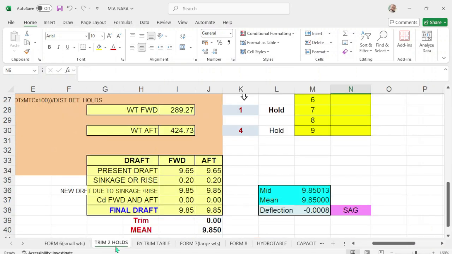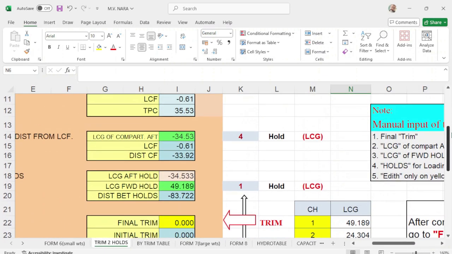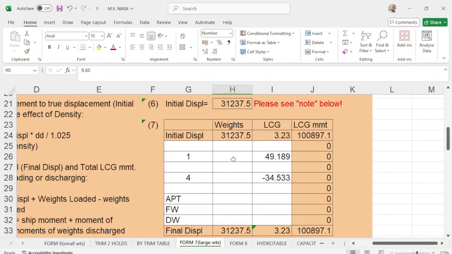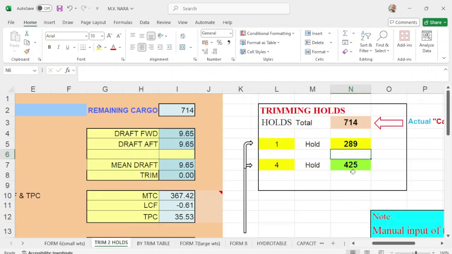So what will be your cargo? 1 and 4. Number 1 is 289. Put here 289. And number 4, how much will it be? 425.